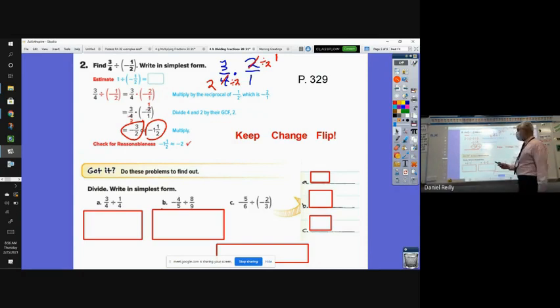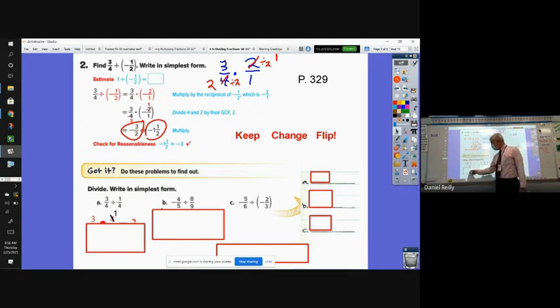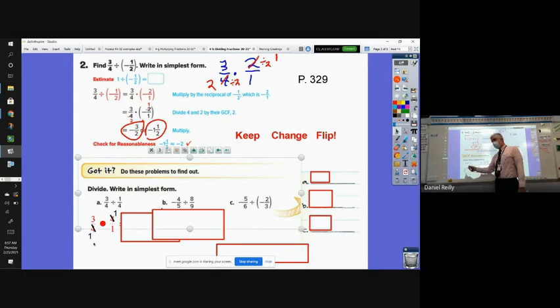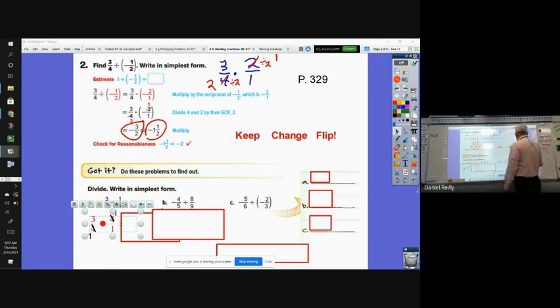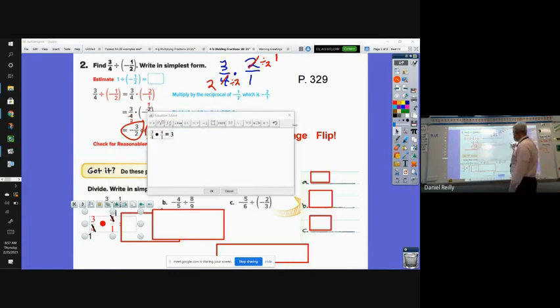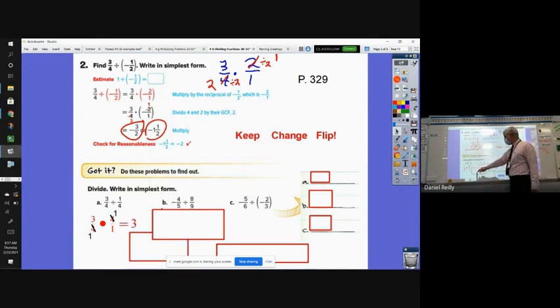But if you can't, then we'll keep, change, flip to make it 3/4 times 4 over 1. Keep the first fraction, change the division to multiplication, flip the second fraction to 4 over 1. Cross reduce because I have 4s on the top and the bottom. So I can make them both 1s and multiply across, and I get 3 over 1, which is 3.